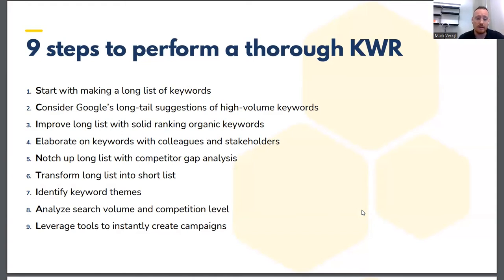Then we can see whether we can enrich those keywords with some long tail suggestions. Subsequently, we can have a look at their organic rankings, right? Because most likely they put effort into SEO, so there already are some keywords that rank organically. We can include those as well.